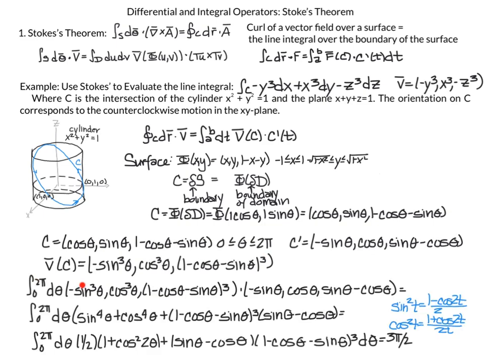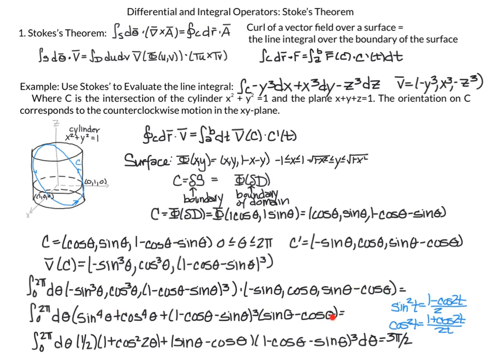And now I am ready to plug into my integral formula from 0 to 2 pi d theta of my composition here, minus sine cubed, cosine cubed, 1 minus cosine minus sine cubed, dotted with my derivative, minus sine theta, cosine theta, sine theta minus cosine theta.